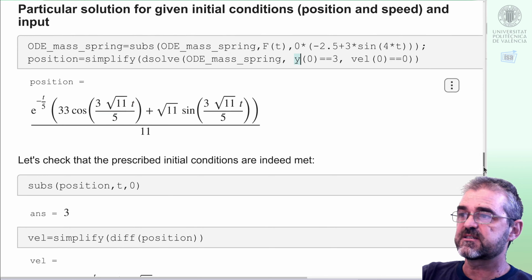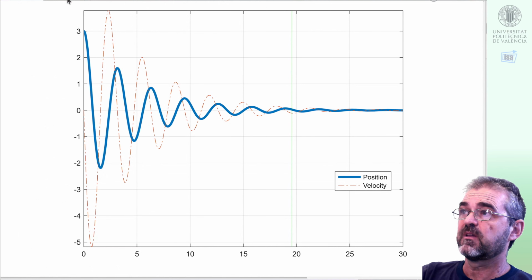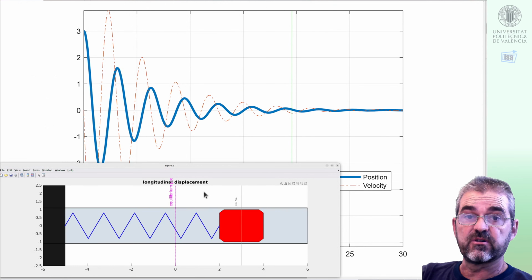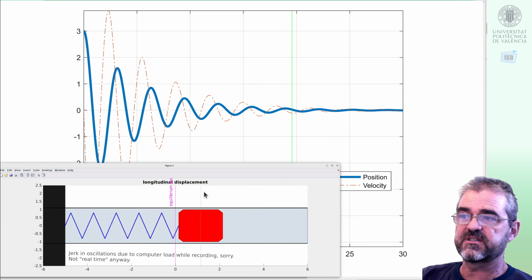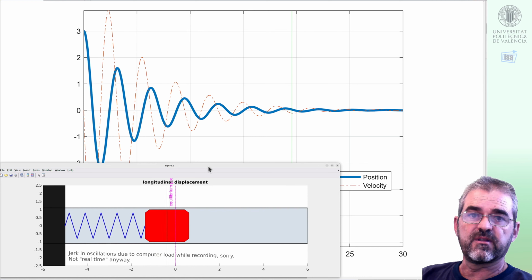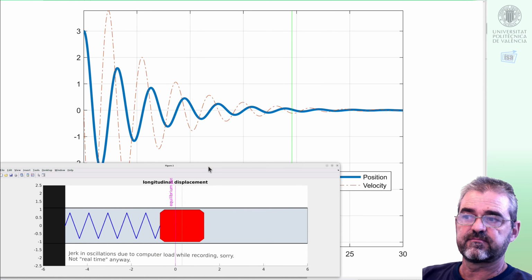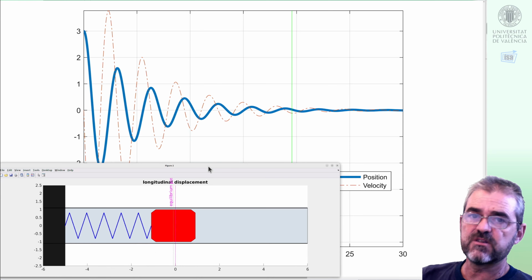So if we plot this, we get an oscillation that goes to 0, and we discussed animation code in another video, so that we see this displacement going to equilibrium. So good.